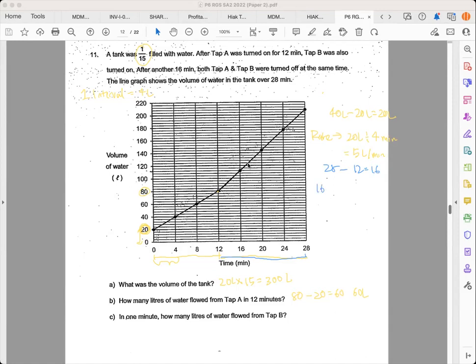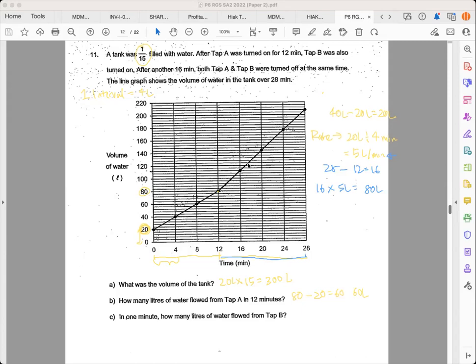It will be 16 multiplied by the rate, 5 liters, which is 80 liters. So between 12 and 28 minutes, 80 liters of water flowed from tap A.